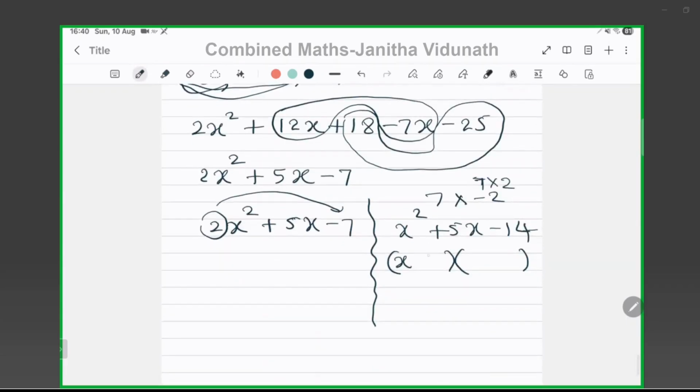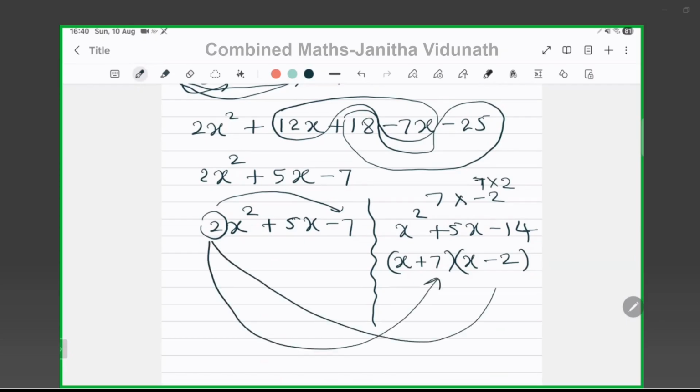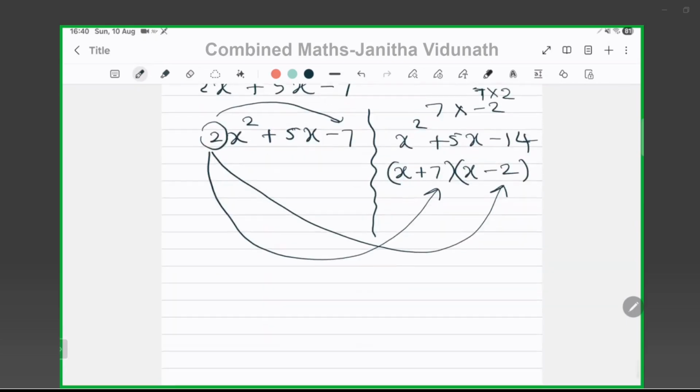Then we get the two factors as x plus 7 and x minus 2. Then we divide the constant terms by the coefficient of x square. Then we get x plus 7 over 2 and x minus 2 over 2.